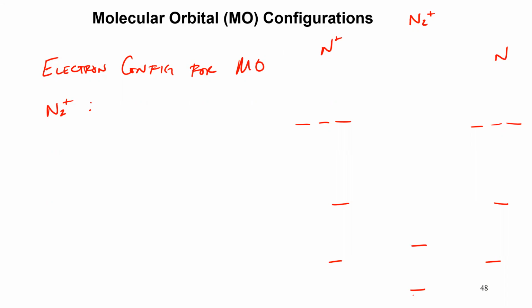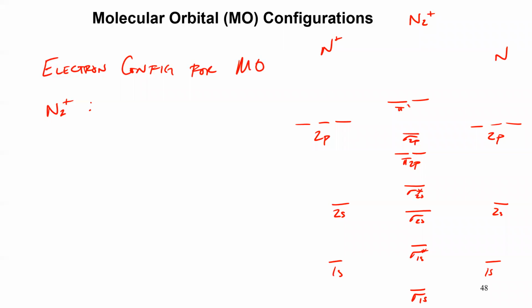So we have the sigma 1s and the sigma star 1s. For the 2s subshell, we have the sigma 2s and the sigma star 2s. And then for the 2p subshell, we have our pi 2p's and our sigma 2p, only one of those.